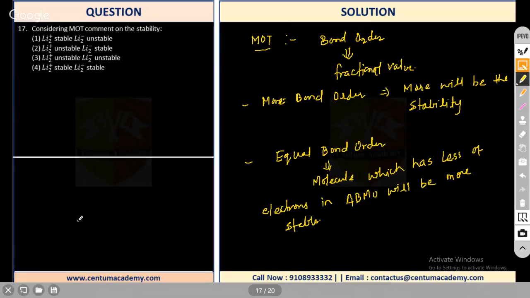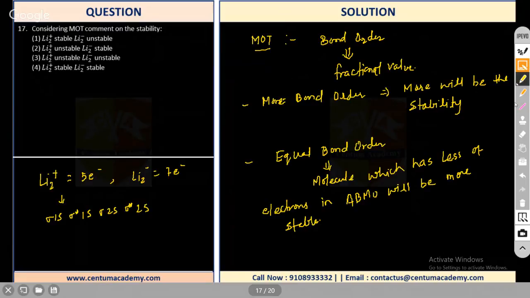Okay. So in the first option, we have Li2 plus. Li2 plus will have 5 electrons. Right? Li2 minus will have 7 electrons. Okay, so the order will be what? Sigma 1s, sigma star 1s, sigma 2s, sigma star 2s. This is enough for these two ions.